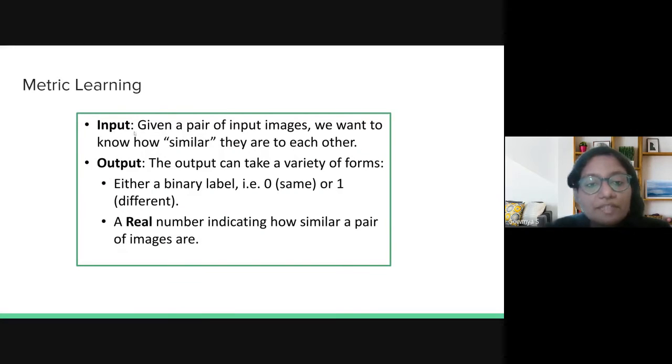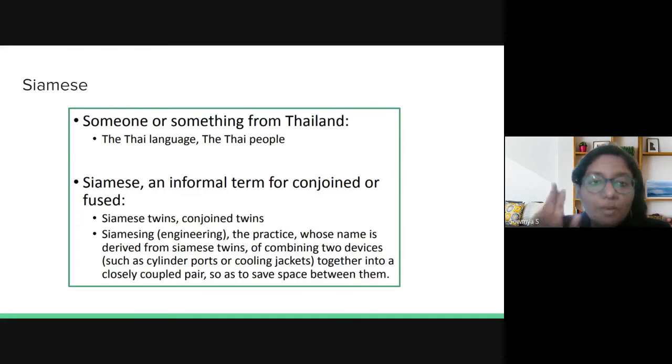So here what we have is a pair of input images, and we want to know how similar they are. And the output can be either 0 or 1, or a real number, or the actual distance or metric, which shows how far away or how close they are. So why do we call them Siamese networks? Siamese means someone or something from Thailand.